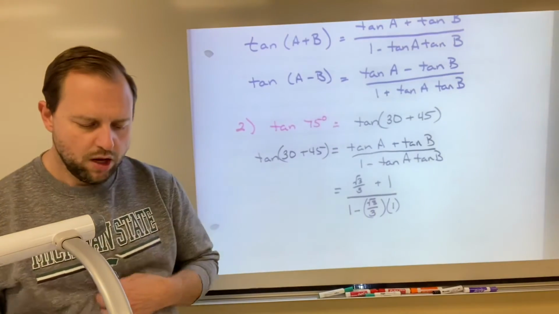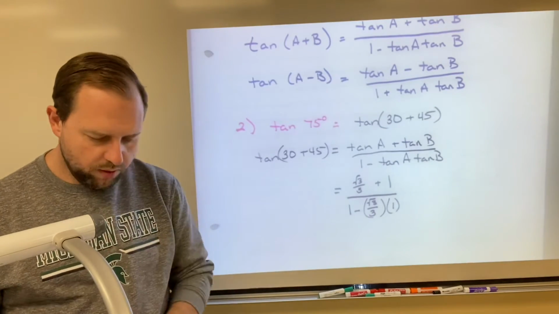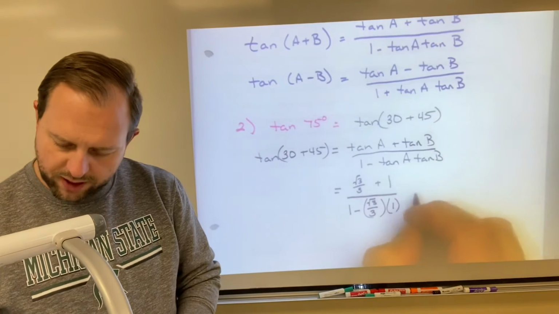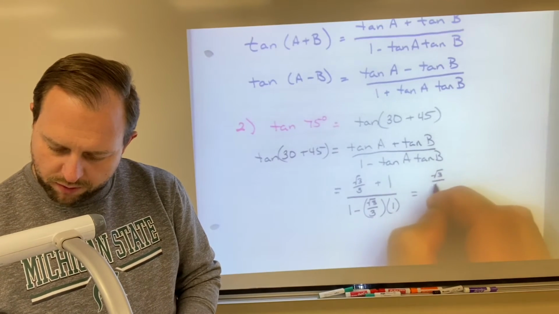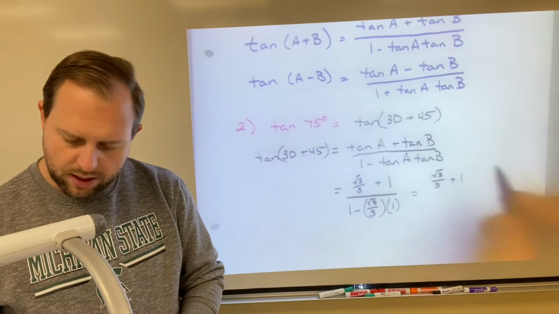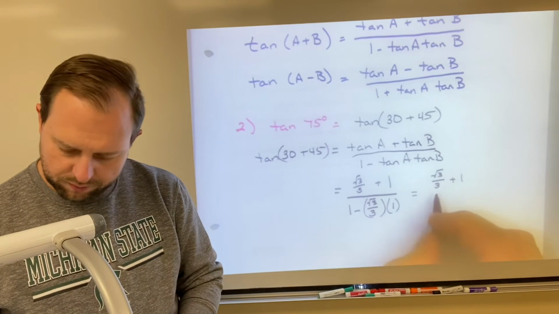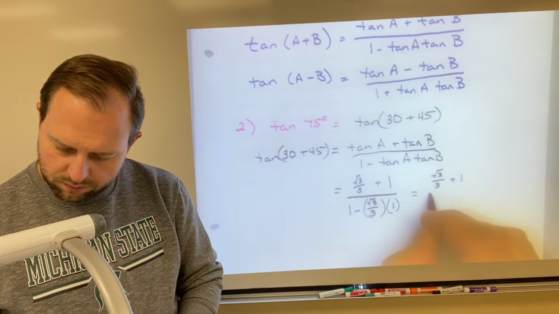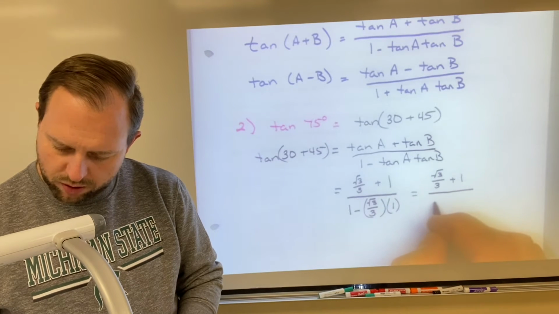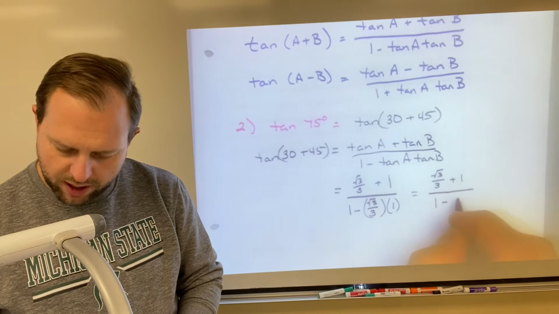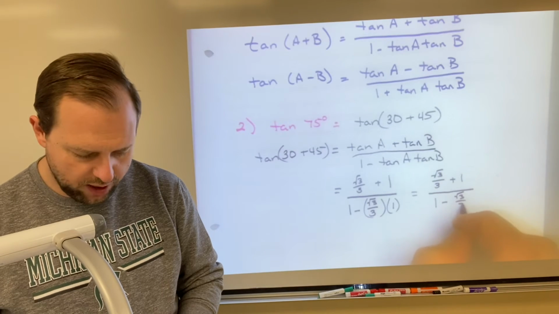Okay? So, when we go to simplify this, the top doesn't really simplify: root 3 over 3 plus 1. The bottom, the 1 goes away at the end, so we end up with 1 minus root 3 over 3.